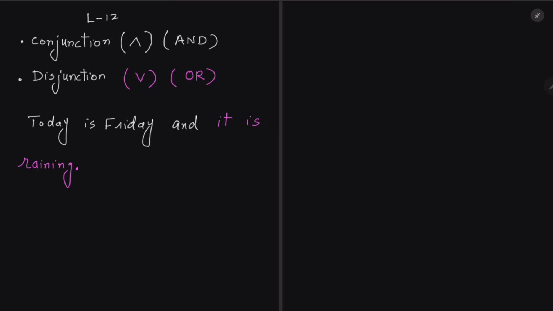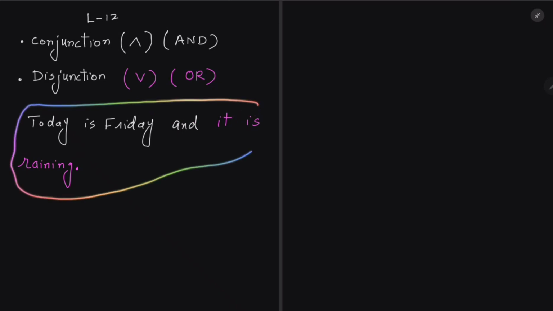In this case, we can see that there is one proposition which we call P, and there is another proposition which we call Q, and there is a connector which is "and". So in "and", the result of these two statements can be true or false.